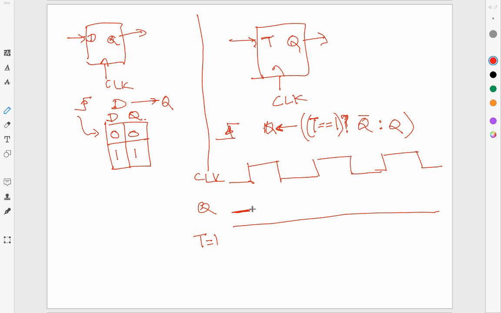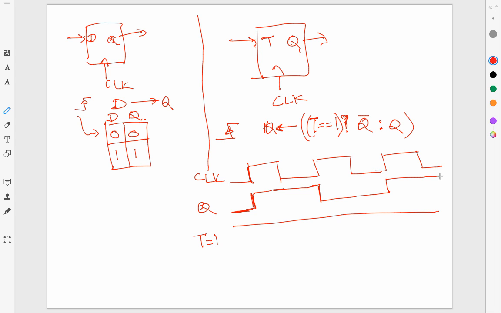What will happen is at this clock tick, Q will flip because T is 1, so we do Q bar. Q will flip, then it will remain stable. At the next clock tick, Q will flip again because T is again 1, and so on. So every alternate clock tick, I'm flipping the output. This is when T is constant 1. If T was 0, Q would have remained 0.